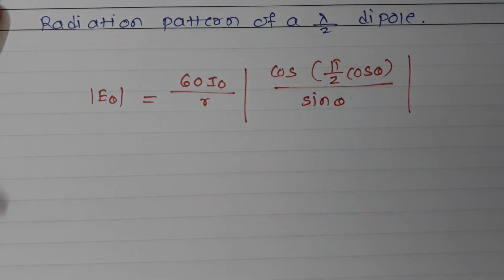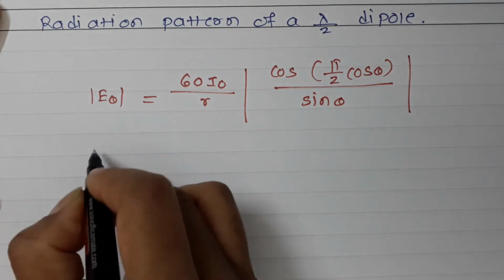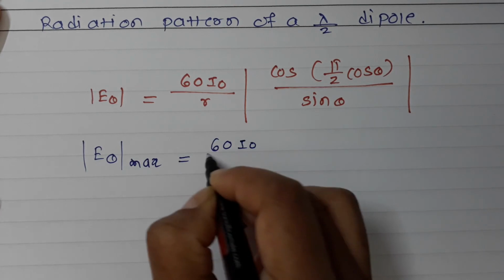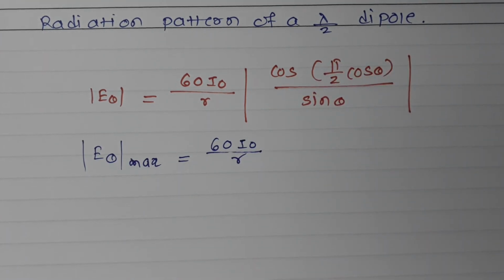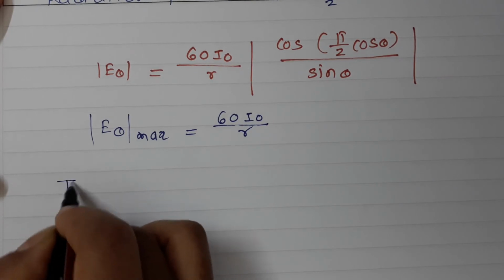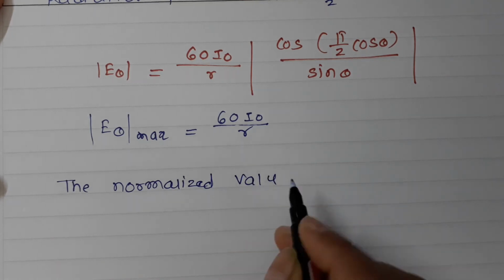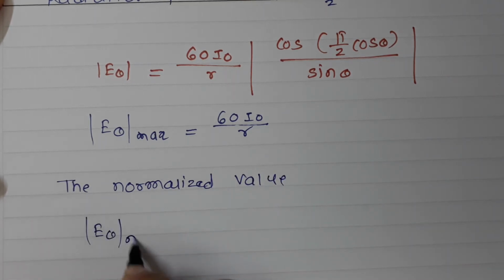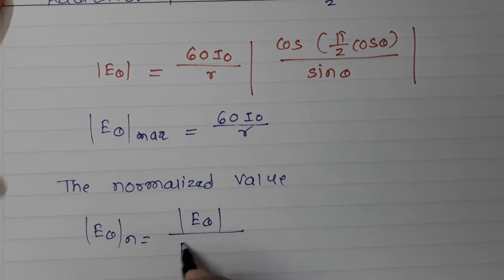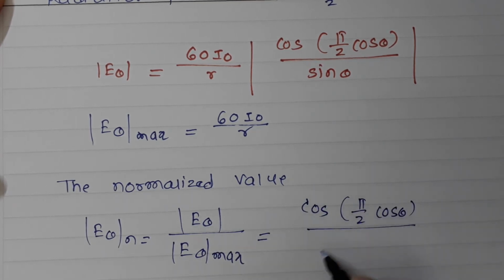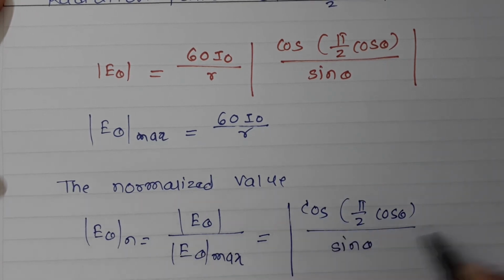The maximum value of it is obtained if this particular value is 1, so E theta max will be 60 I by R. The normalized value E theta n is equal to E theta divided by E theta max, so you can write cos of (pi by 2 cos theta) divided by sin theta.